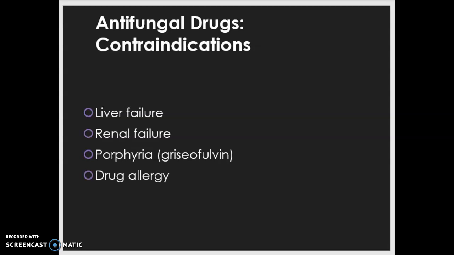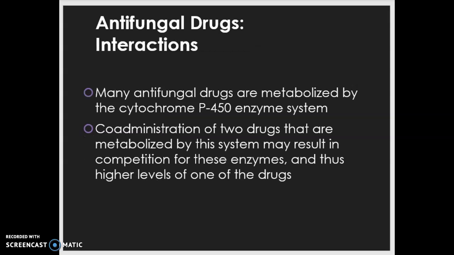Obviously, these drugs are contraindicated if we have a drug allergy. Many of them are metabolized by the P450 enzyme system, like I said before. So co-administration of two drugs that are metabolized by this system can result in competition for the enzymes. And so we get a higher level of one of these drugs, so we can see toxicities.